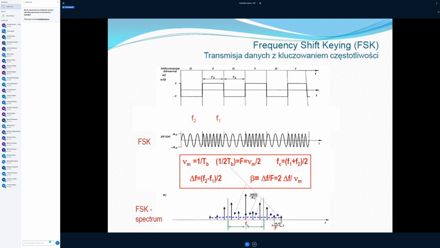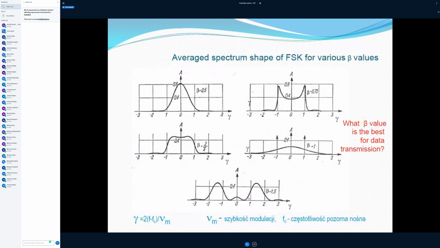Is it possible? Well, it's very, very difficult to be demodulated later on. So we cannot make this beta parameter as small as we wish, but we would like to. It was my question last time: what do you think for data transmission, what kind of beta would be the best? And the answer was, the smaller it is, the better.